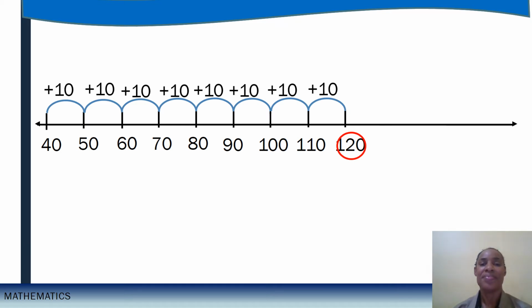Are you ready? Great, boys and girls. If you said you noticed that the multiples of 10 end with 0, that is correct. All multiples of 10 have 0 in the ones place.